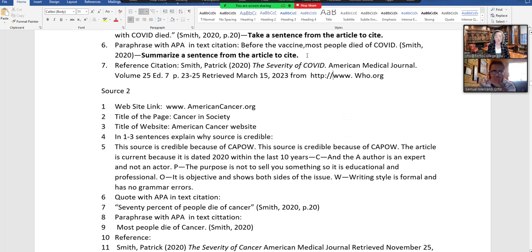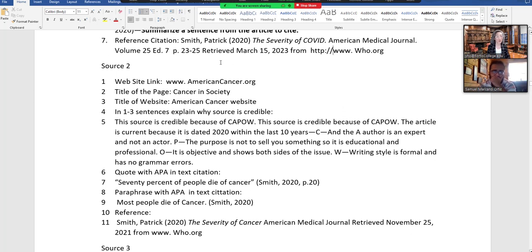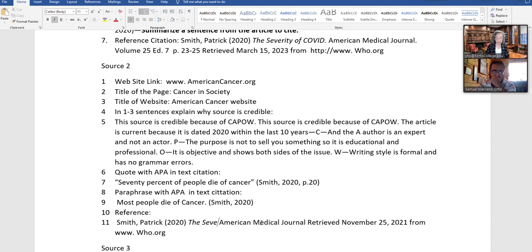Now for source number 2, it's the same thing. It's just a different article from a different website. And you do the same thing. Website link, title of the page, title of website, and cancer in society. So that should also match. Let's see, cancer, yeah.